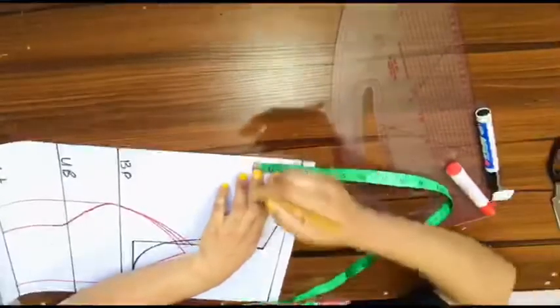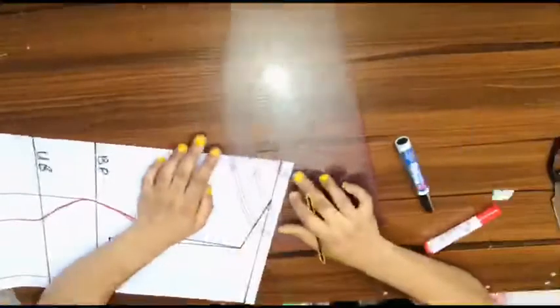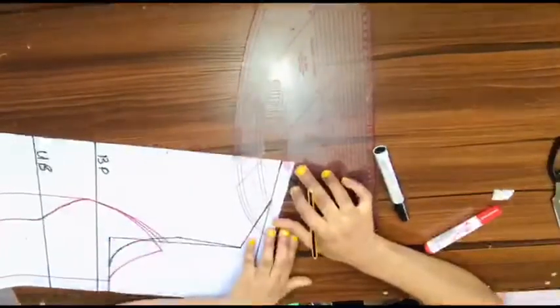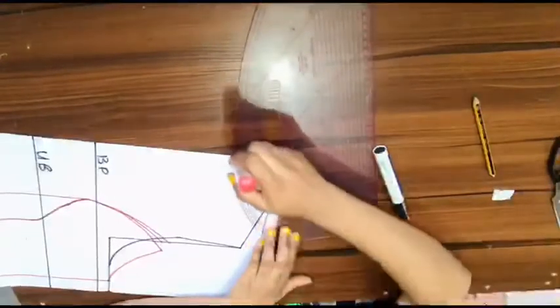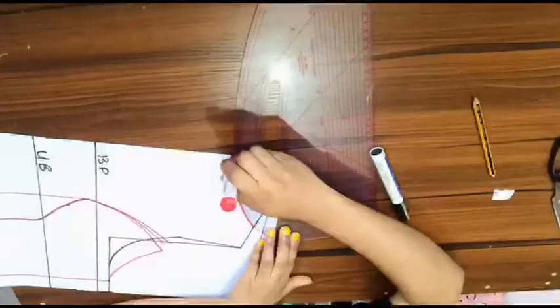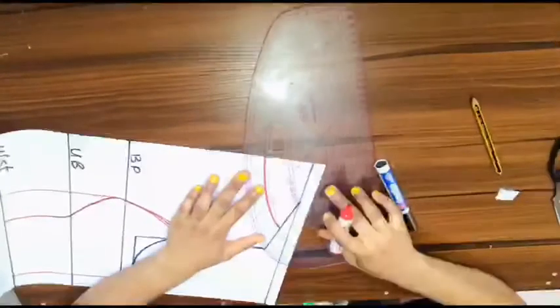I'll mark 2.5 here, and then I will just connect the points with my pattern master. Okay, so basically that is it. I'm just going to add seam allowance all around it.